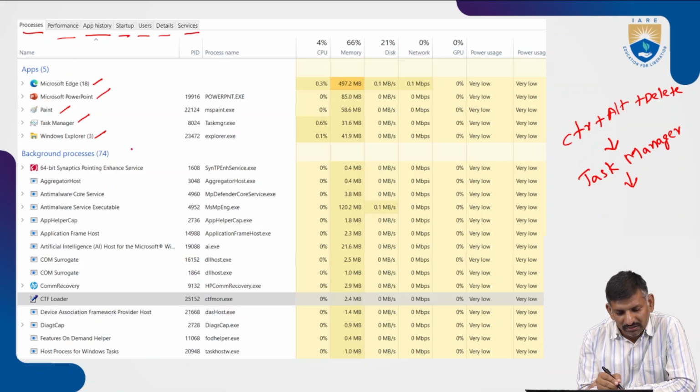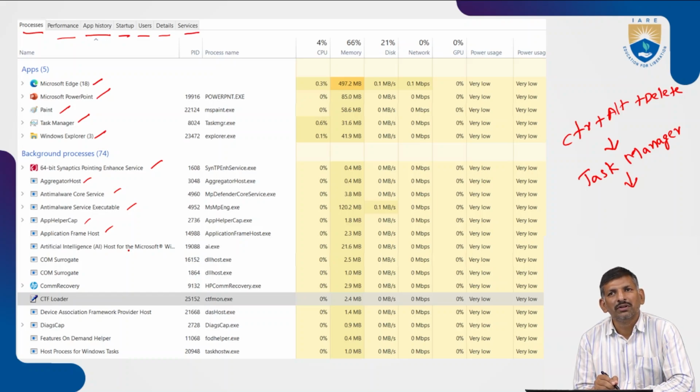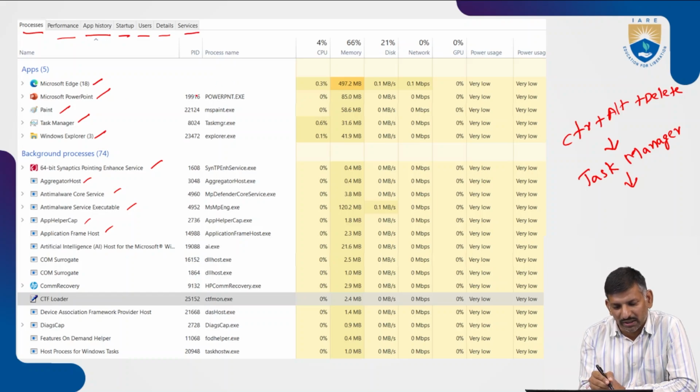In the background, different types of processes are running in background mode. Each process has a particular ID. If you look at PowerPoint, its process ID is 19916 and its process name is PowerPoint.exe.